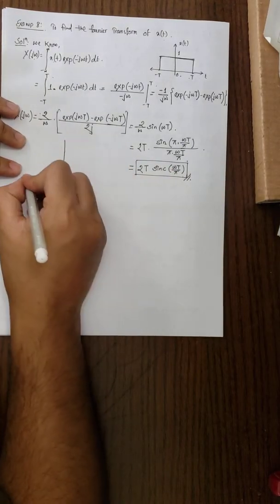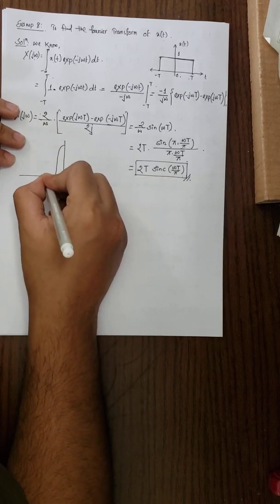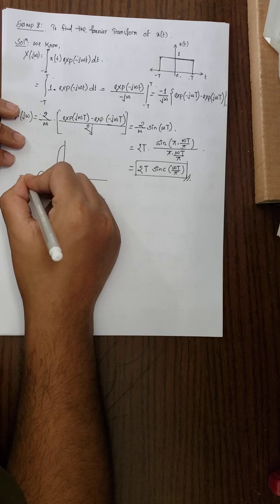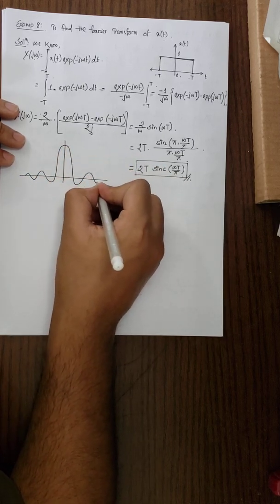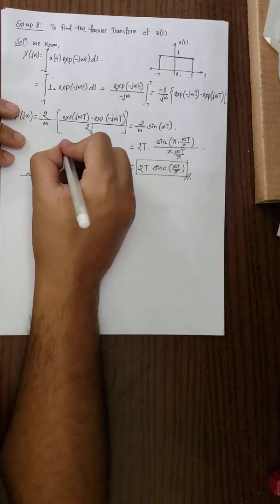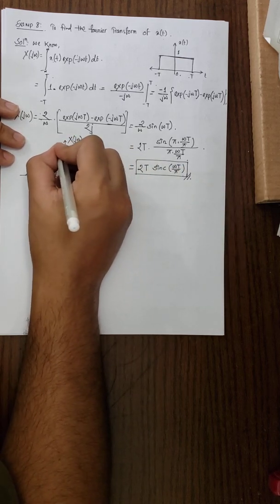Let us see. This will look like something like this, which is X of j omega.